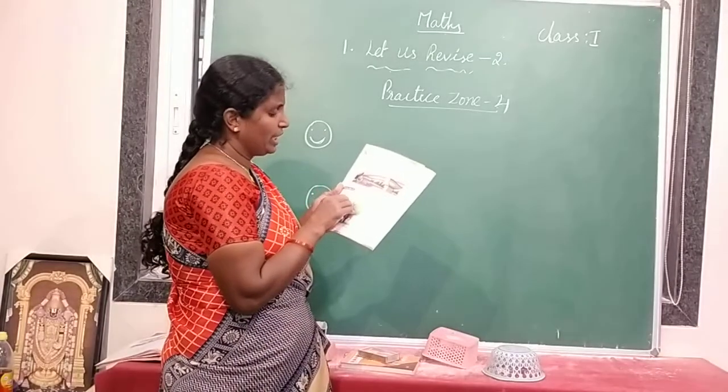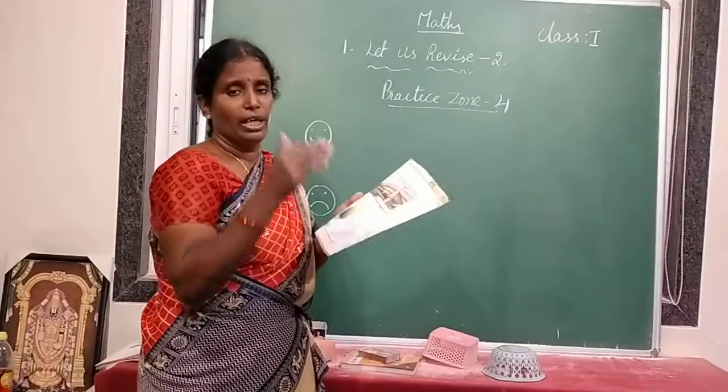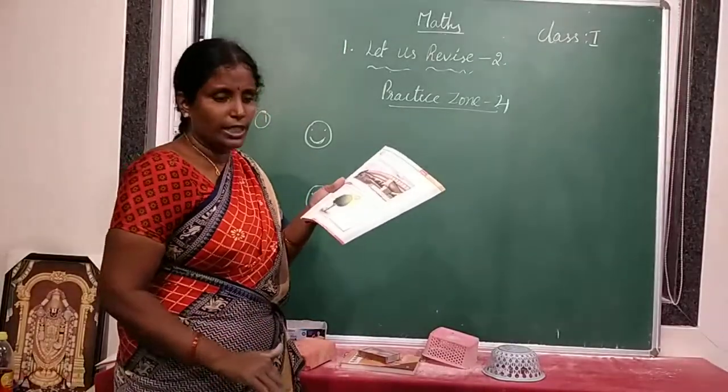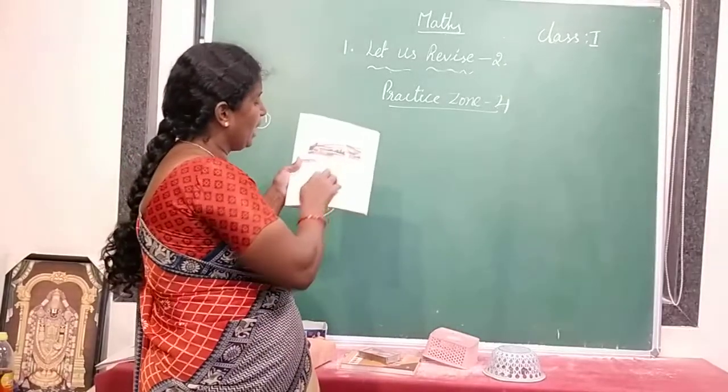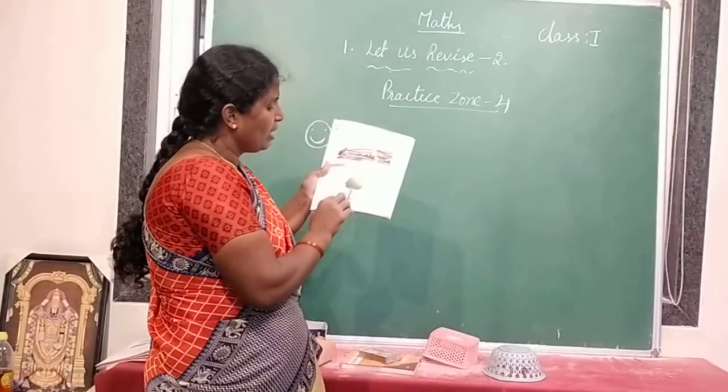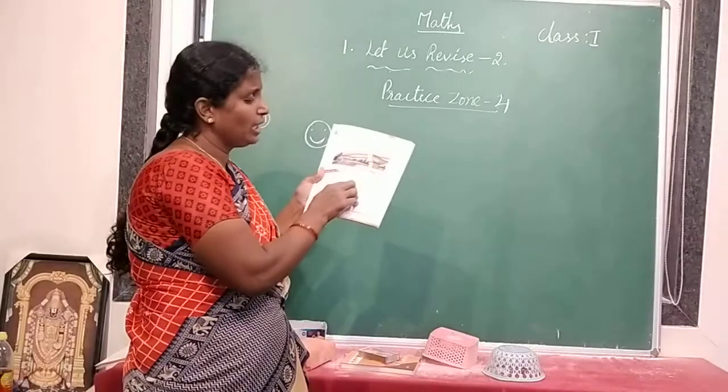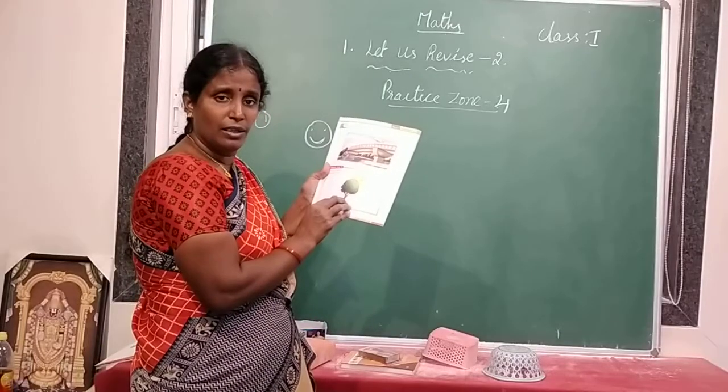face for the object which is below the tree. Above the tree, below the tree. And the tree, it is on top of the tree. So which is above the tree? Sun or ball? Sun or ball?